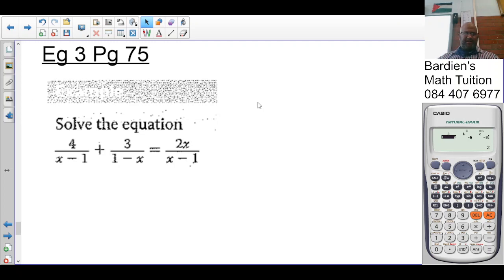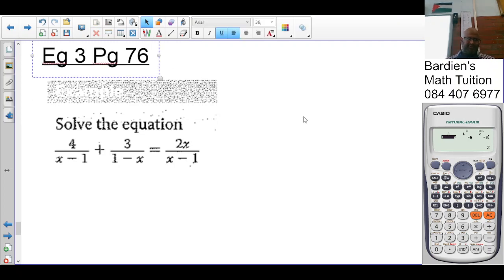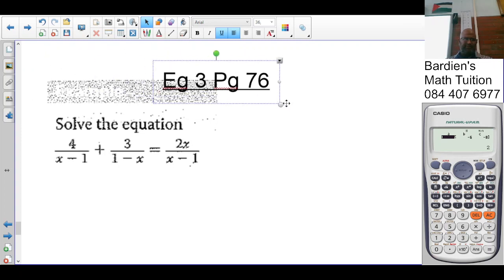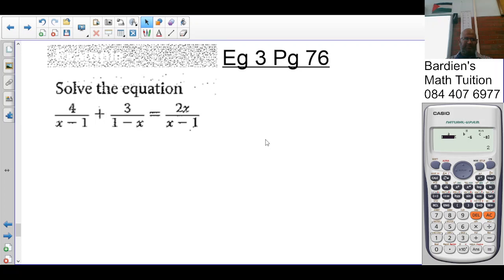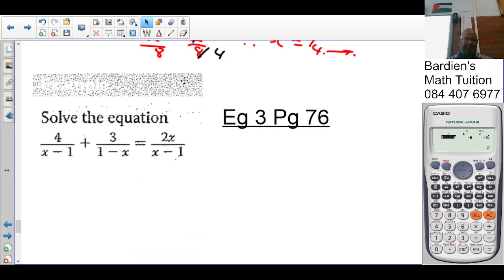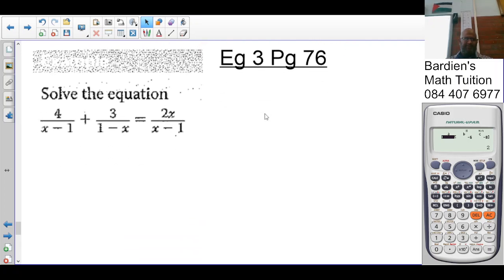Can I go straight to the LCM here? No. What needs to be done first? Swap the sign. So do your thing. Swap the denominator, find the LCM and restriction, and solve the equation. Okay, I'm going to pause the video at this point.